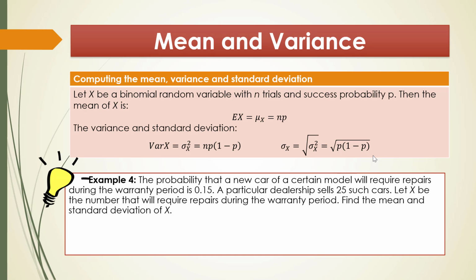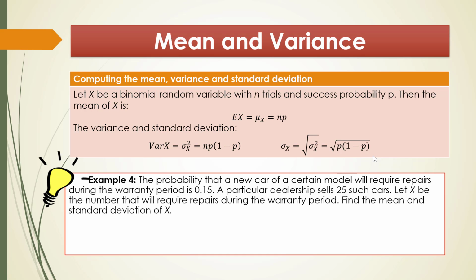Find the mean and the standard deviation of X. So here we have 25 independent trials, and the probability of success is the probability that a certain model will require repairs during the warranty period, which is 0.15.